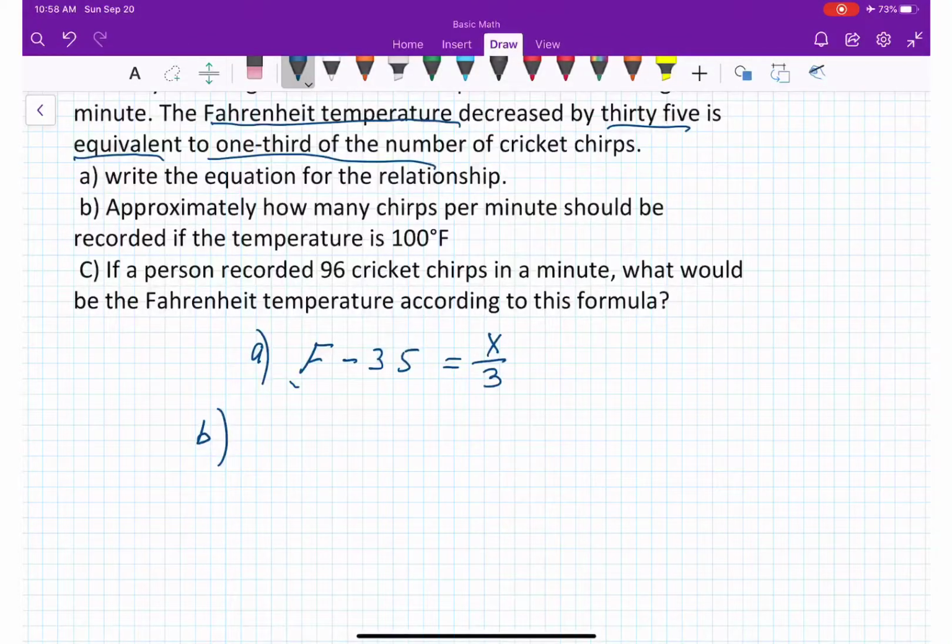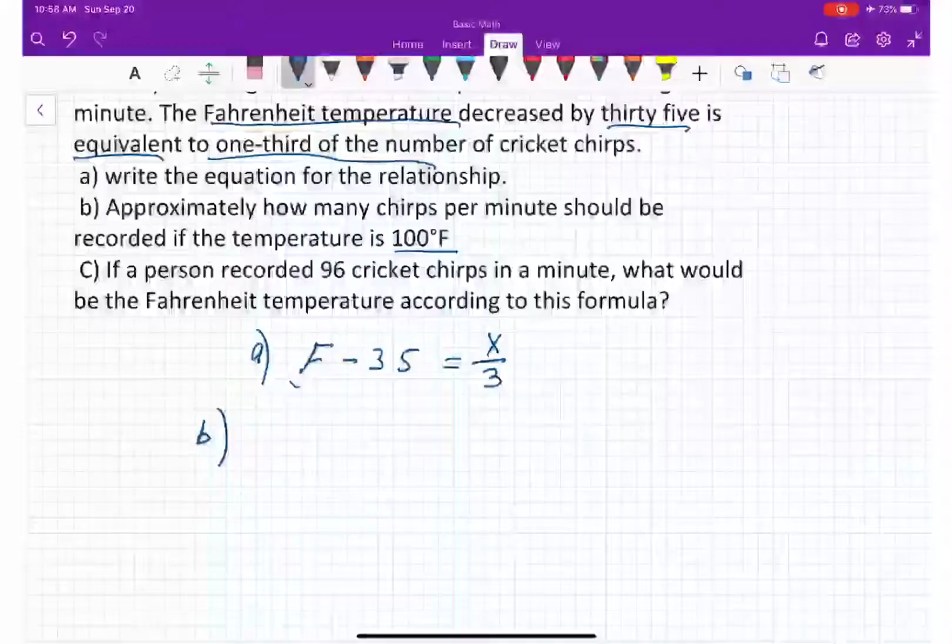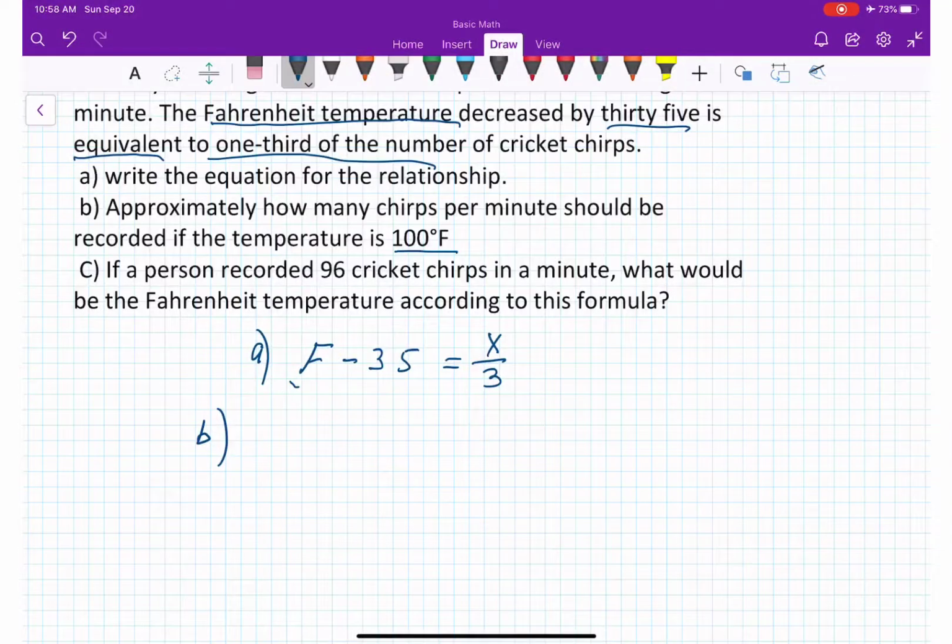Approximately how many chirps per minute should be recorded if the temperature is 100 degrees Fahrenheit? What do we have to do? First, we need to plug 100 for F, right? So it's going to be 100 minus 35 is equal x over 3.